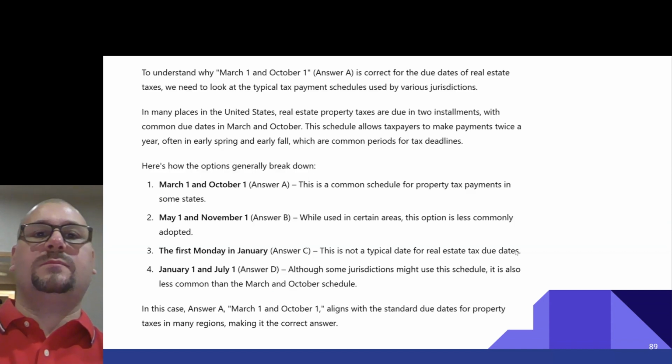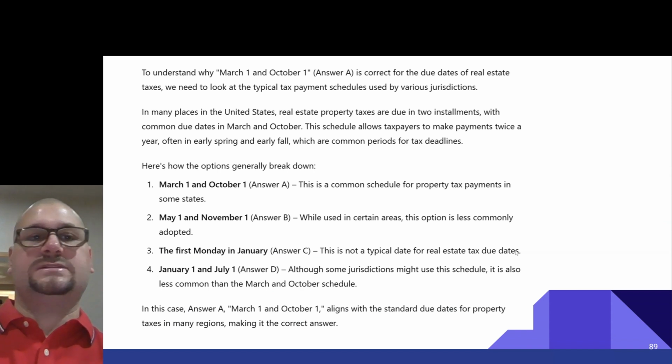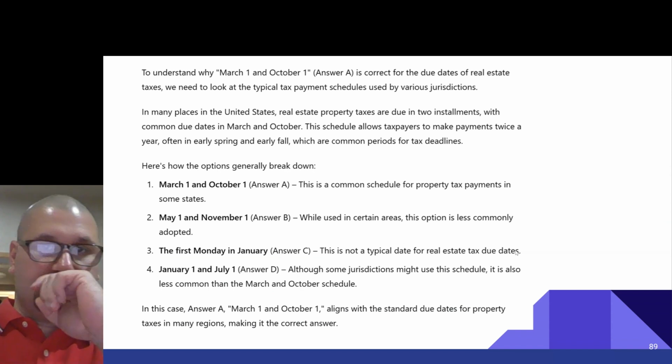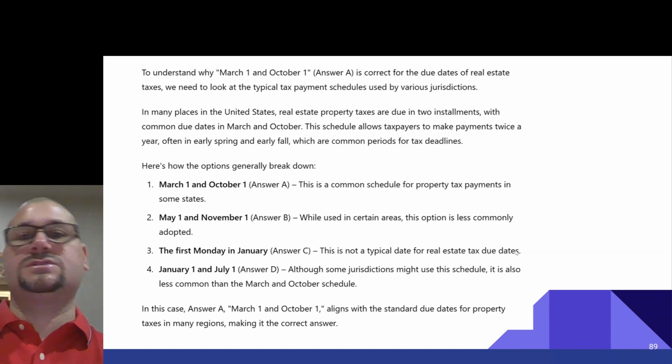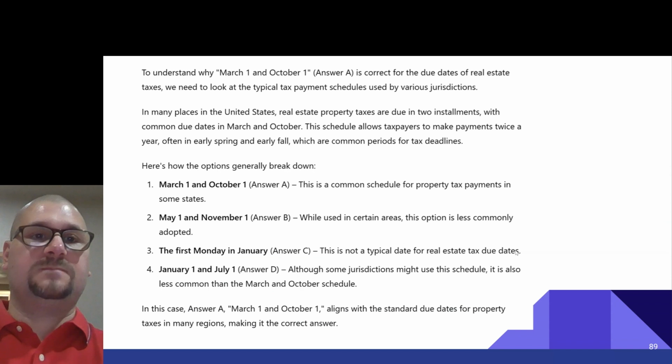So to understand why March 1st and October 1st is correct for the due dates of real estate taxes, we need to look at the typical tax payment schedules used by various jurisdictions. In many places in the United States, real property taxes are due in 2 installments with common due dates in March and October. The schedule allows taxpayers to make payments twice a year, often in early spring and early fall, which are common periods for tax deadlines.